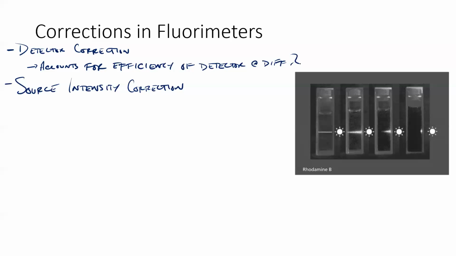And so in UV-Vis, we correct for this source intensity differences. So our source has different powers, different intensities at different wavelengths. Right? And in UV-Vis, we take care of that by taking a background scan. We do that background scan and we see, okay, the power's high here, power's low here, then the power goes back up, it goes back down, or whatever, however the power curve for that particular source looks.